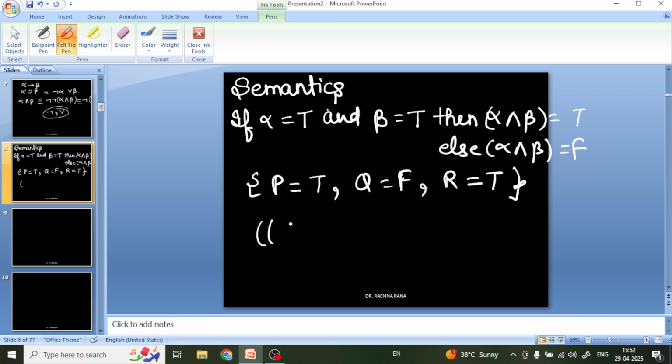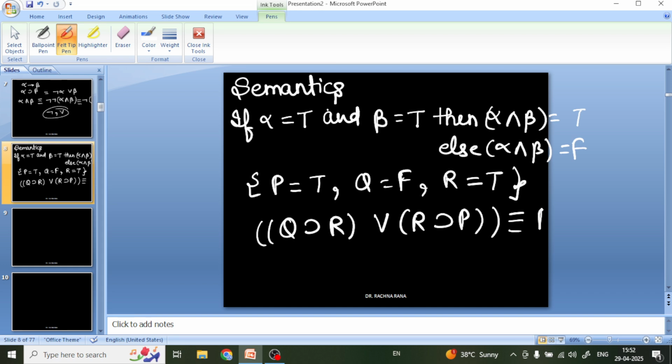It means Q implies R or R implies P, that is equal to R or true. How to solve it?